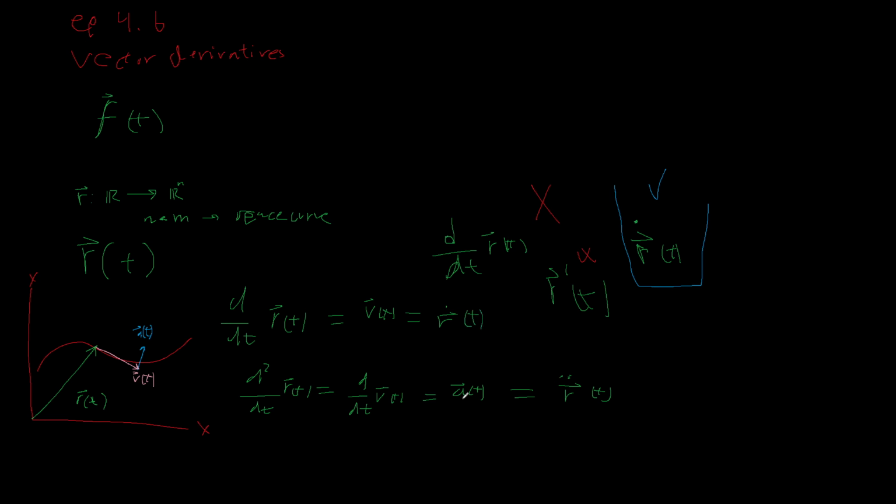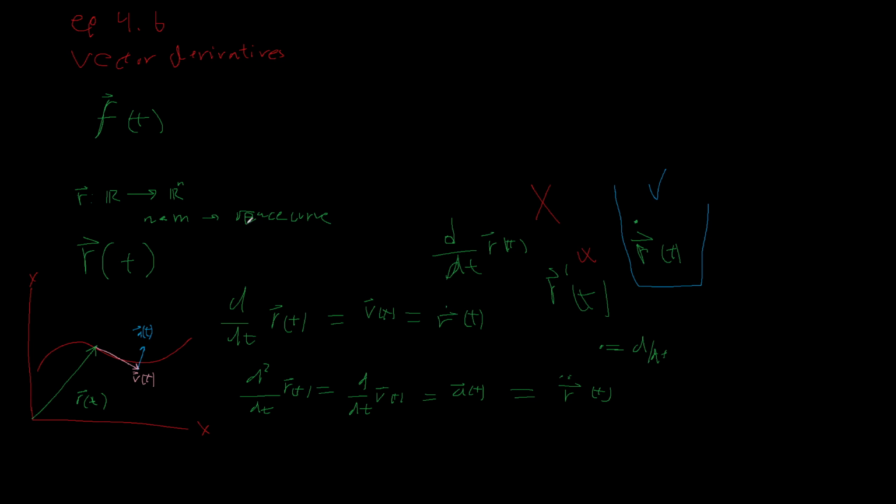Velocity is r dot, and acceleration is r double dot. Each dot is just equal to d over dt, telling you that we're taking the derivative. All the rules still apply, but keep in mind that this is a vector. We apply a derivative and we get a vector.